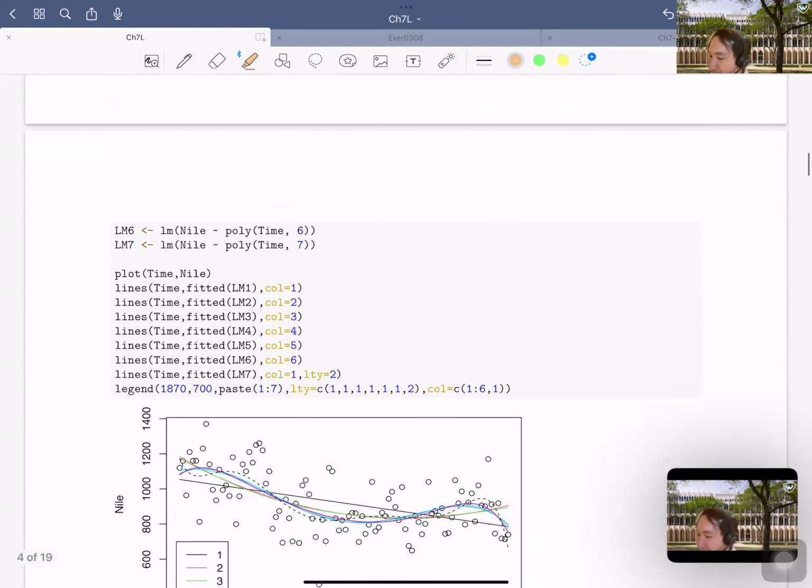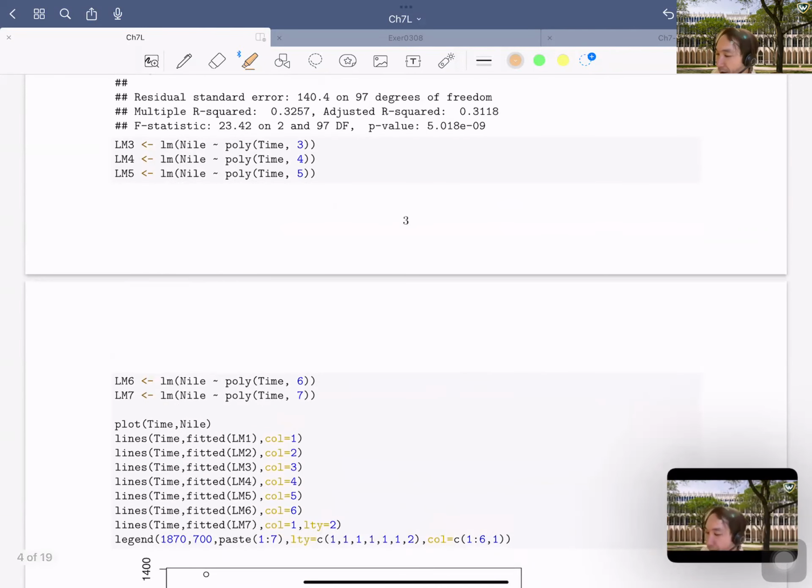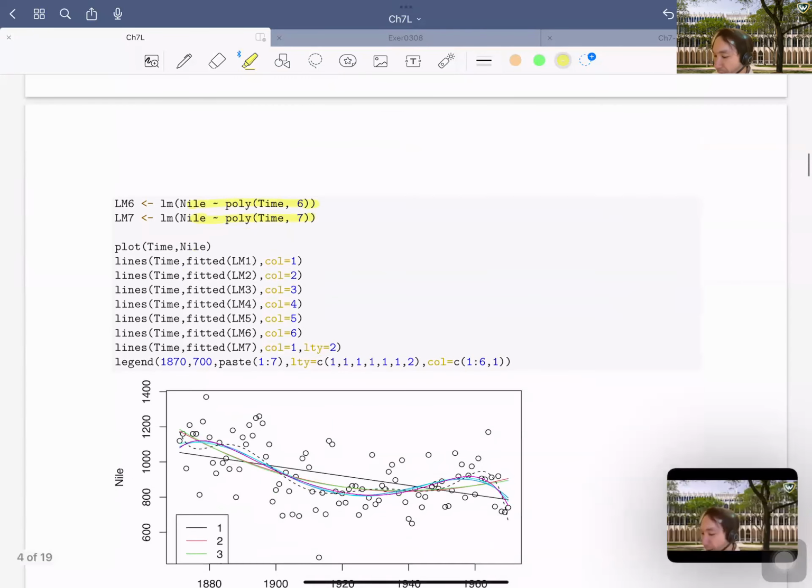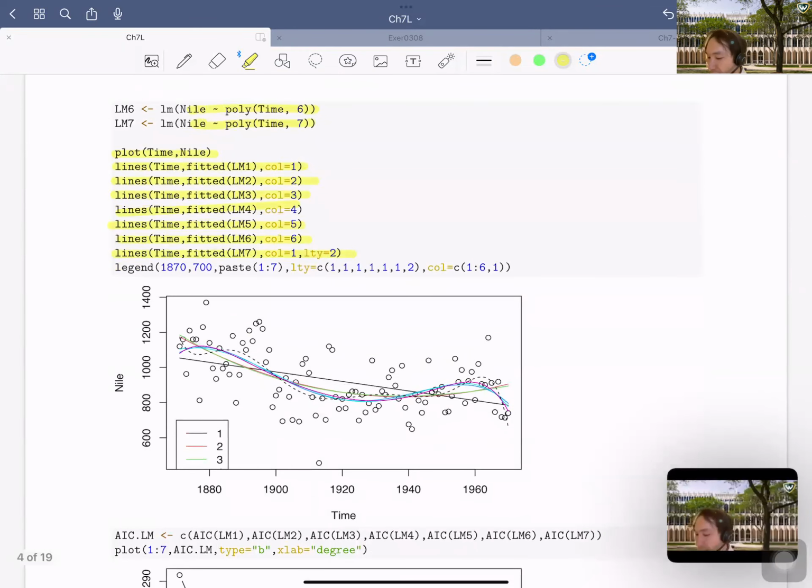And now we think about polynomials of higher degree: degree 3, degree 4, degree 5, degree 6, and 7, and then we wrote the fitted lines. If we put the lower level functions, we can overwrite these lines conveniently.